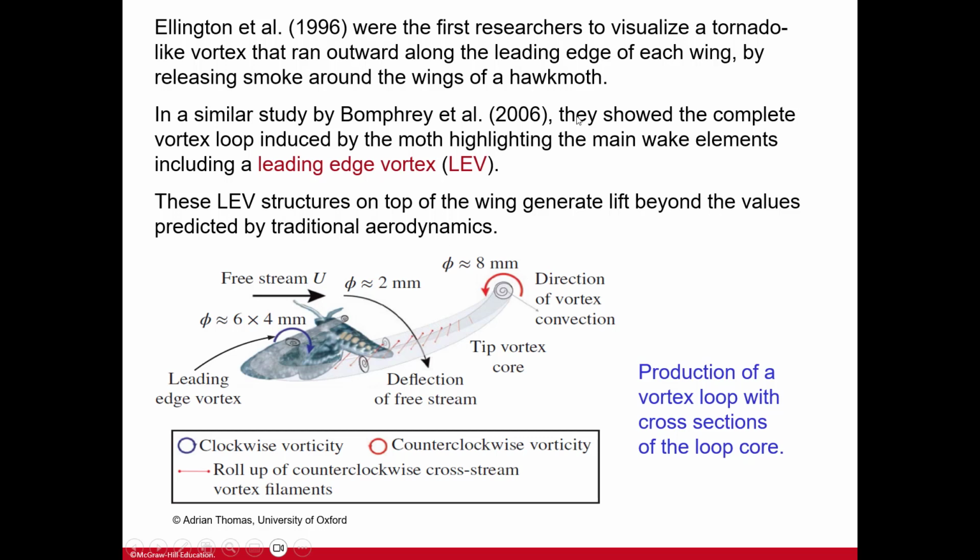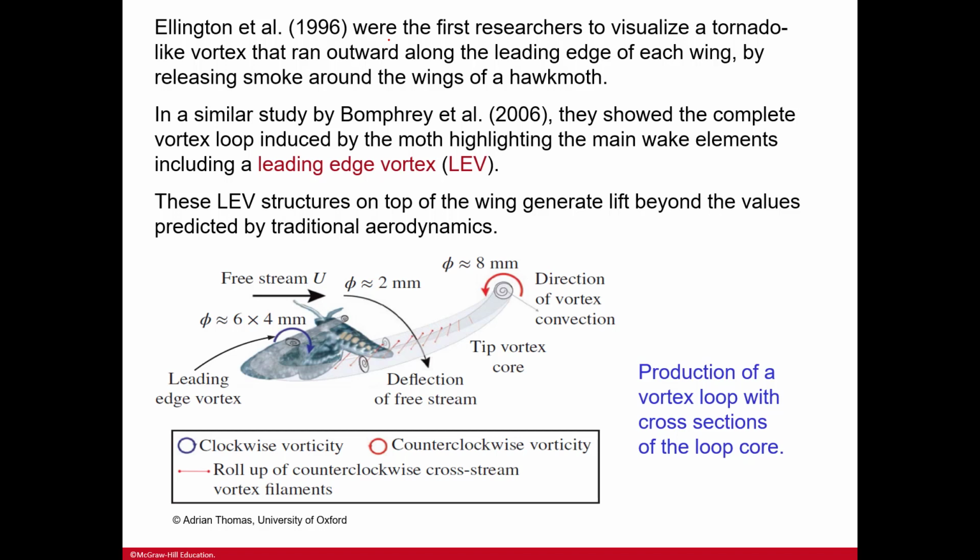Ellington, in 1996, was the first researcher to visualize a tornado-like vortex that ran outward along the leading edge of each wing, by releasing smoke around the wings of a hawk moth. Similarly, Bomphrey in 2006 showed the complete vortex loop induced by the moth, highlighting the main wake elements.